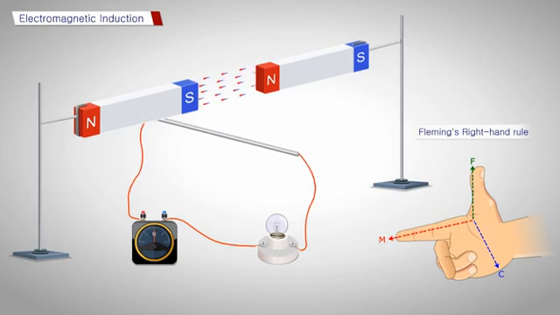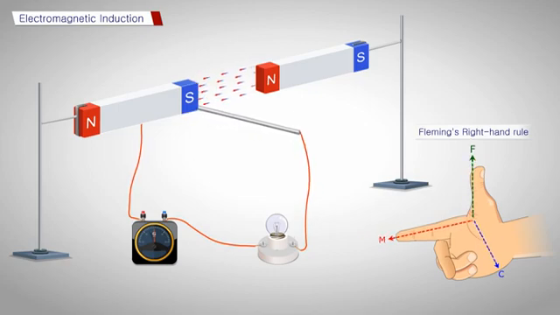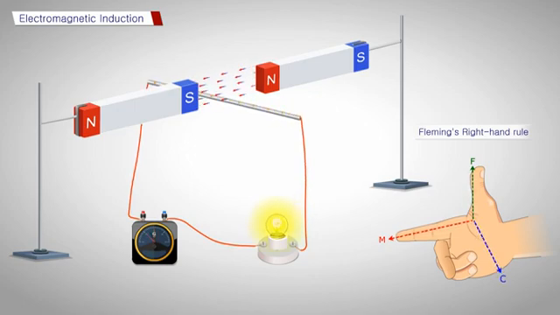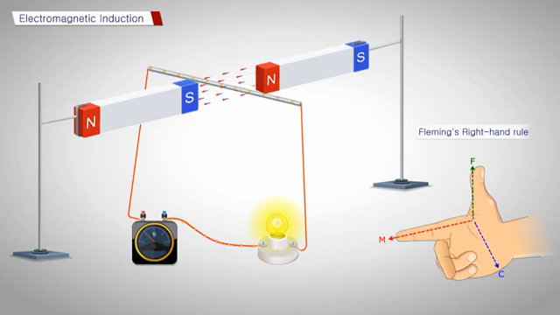If the forefinger represents the direction of the magnetic field lines, and the thumb points in the direction of motion or applied force, then the second finger points in the direction of induced current. This simple rule is called Fleming's right hand rule. This rule is used for electric generators.